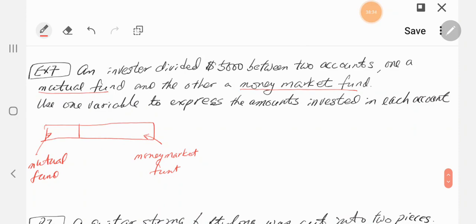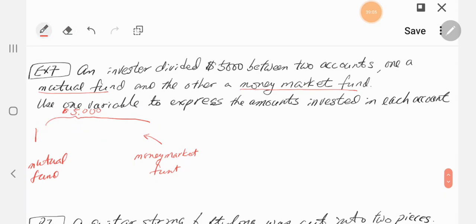This investor has $5,000. Use one variable to express the amount invested in each account. So let's say the mutual fund account has X dollars.